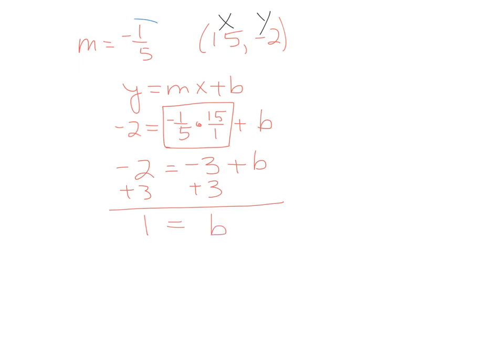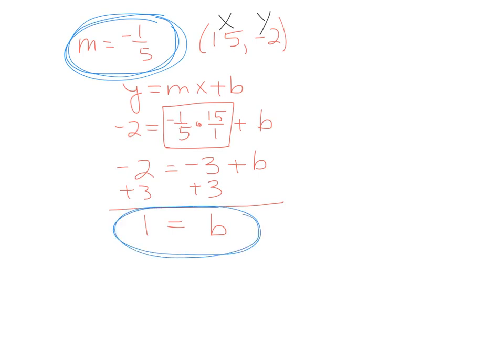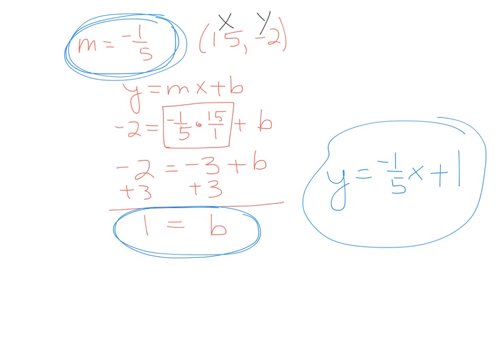I have my slope, and remember that slope, since it was perpendicular to the other line, I had to take the reciprocal and make it the opposite sign. And I just figured out my y-intercept, so I can put those together, and it's going to be y equals mx plus b. And that's it. That's a perpendicular line to the other one.